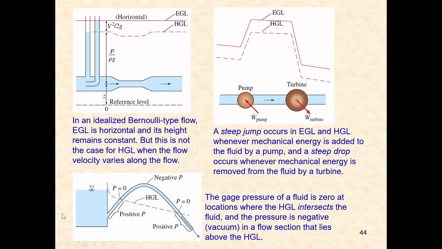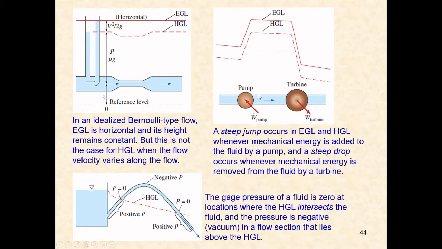Right, so this figure shows the gauge pressure of a fluid is 0 at the location where the HGL intersects the fluid. And the pressure is negative, a vacuum, in the flow section that lies above the HGL. Below it, you get positive pressure.